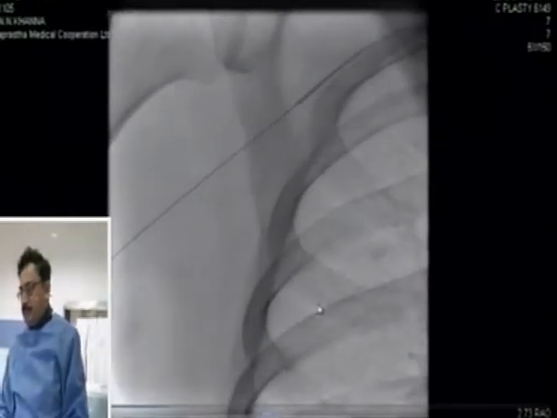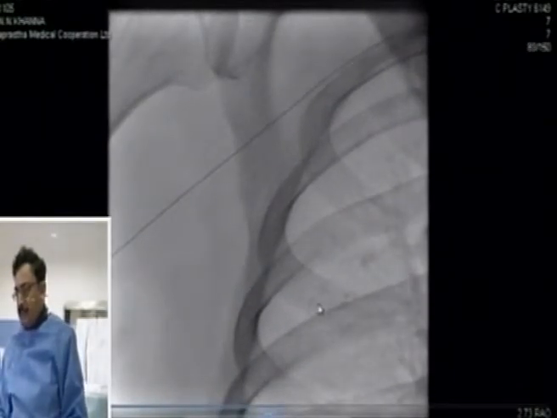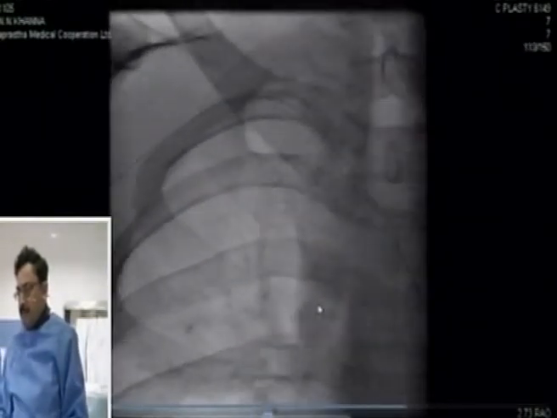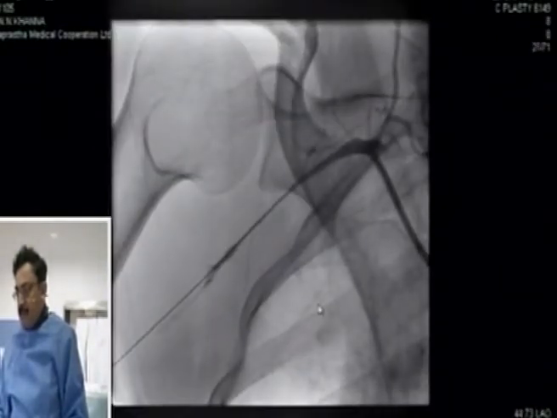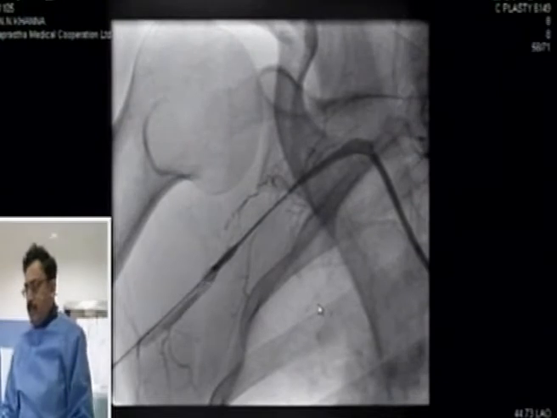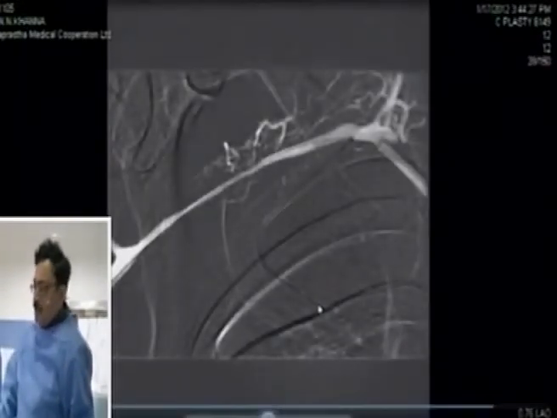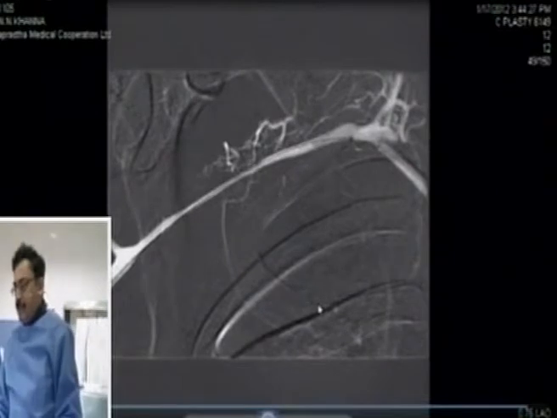We withdrew this catheter, we changed the wire, and now we have a track. We do not know if it's subintimal or intraluminal, but we had a track, and we wanted to now dilate this subclavian occlusion. This is a DSA picture of the same.